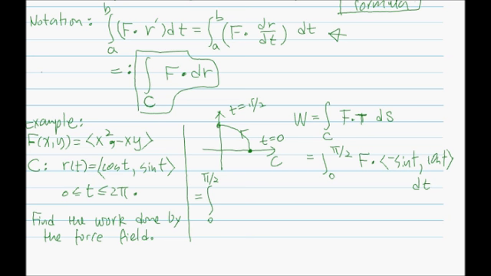What is F? It's x squared, so x is now cosine t, you have to parameterize it, so it's cosine t squared, minus x is again cosine t, and y is sine t, dotted with this negative sine t, cosine t, dt. All right?